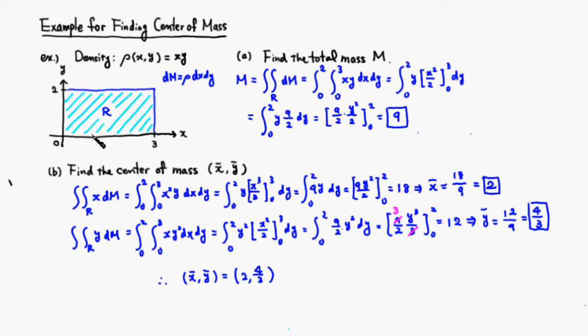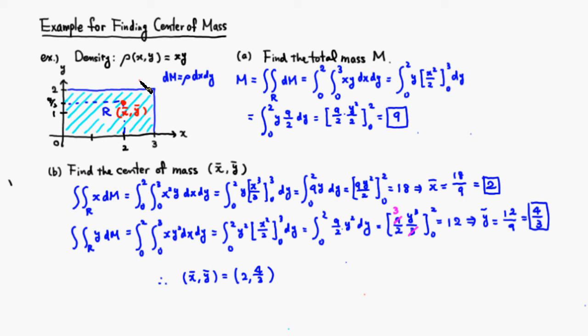Here's 1 and 2, so that's 2 comma 4/3. 4/3 is slightly larger than 1, so it's a 4/3 right there. So it's going to be around right here. That's going to be our center of mass.